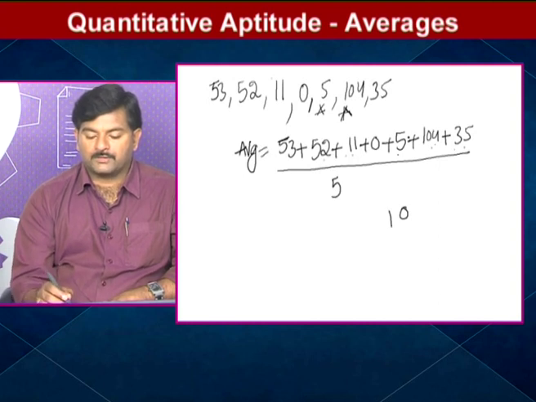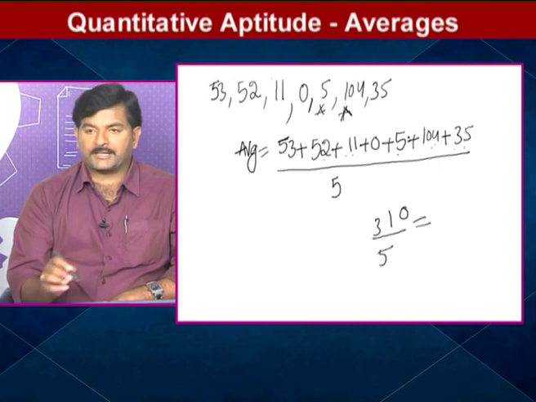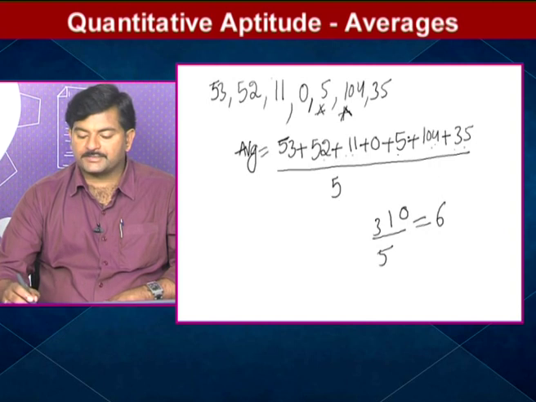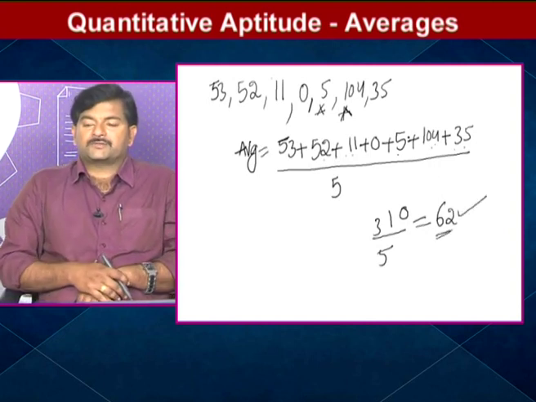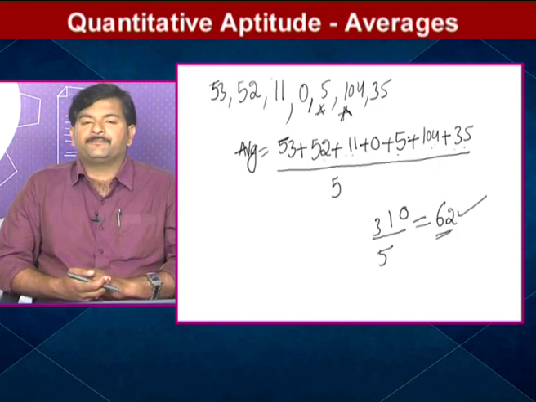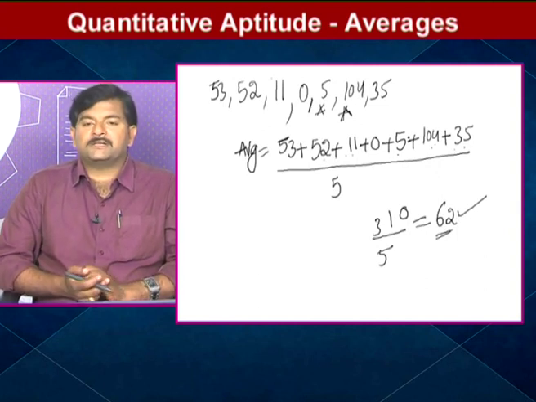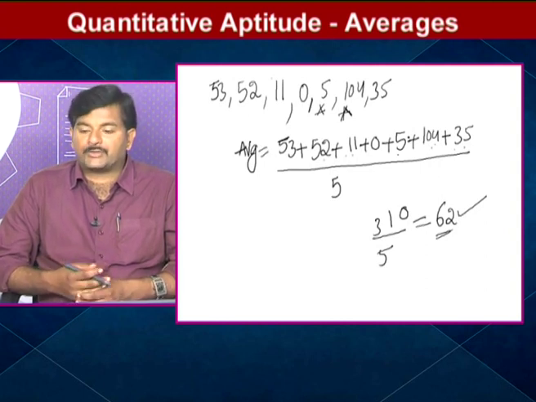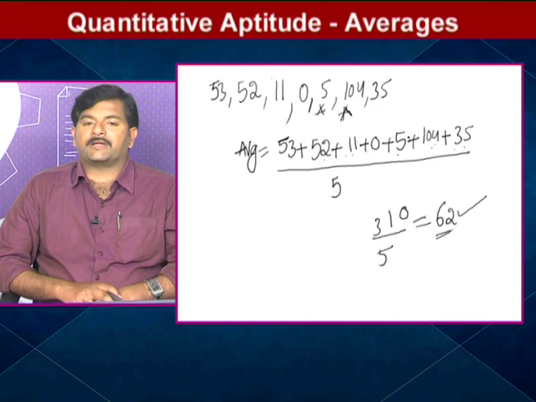So 310 by 5. 310 by 5 means 5 6s are 30, 5 2s are 10. Hence the average runs made by the cricketer in that cricket match is 62 runs.